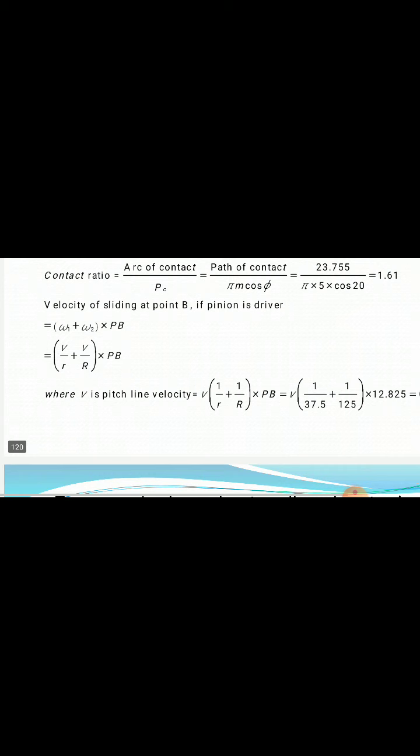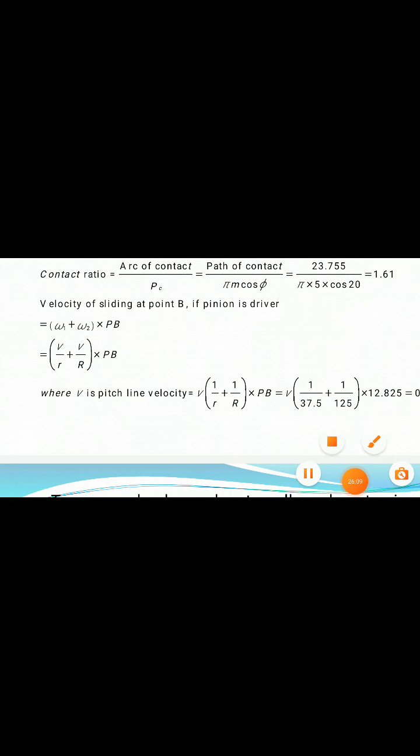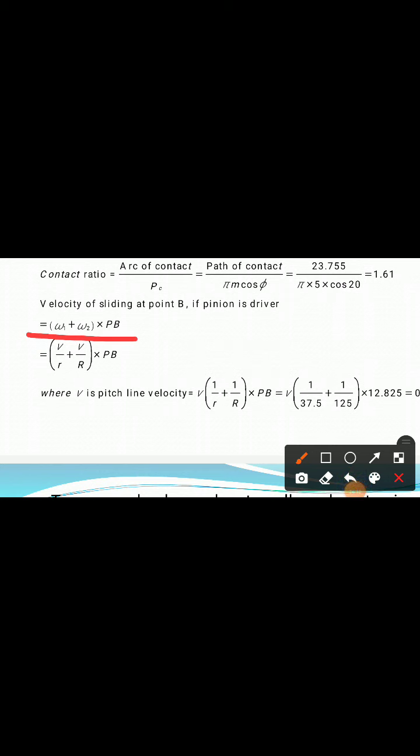Now the third asking quantity is velocity of sliding at point B. At point B we can find it as omega 1 plus omega 2 into PB. To find omega 1, the speed is not given.